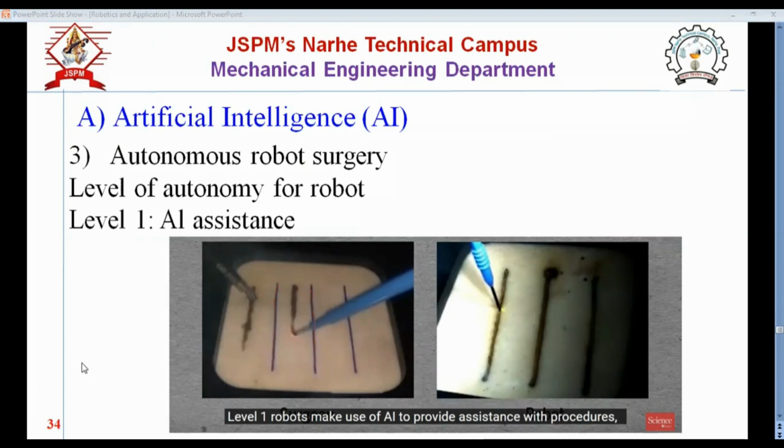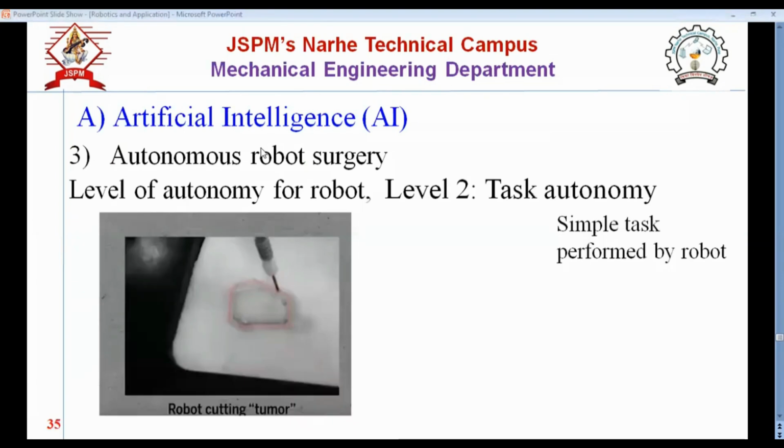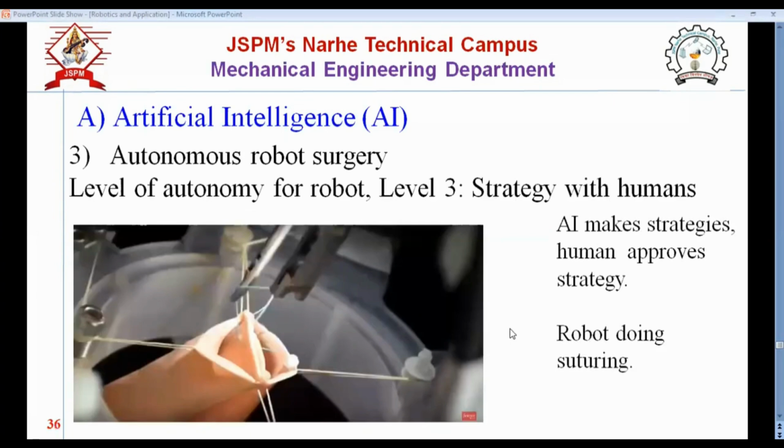Then level number 2, the simple tasks are performed by the robot, like here, the tumor is cut with the help of the robot. The robot will perform all operations and remove the tumor.